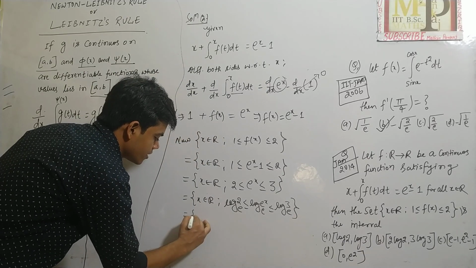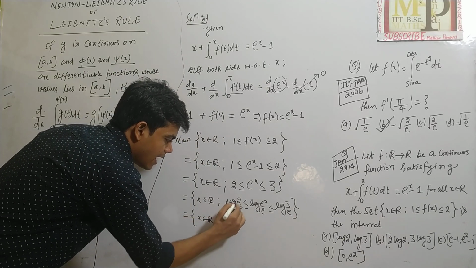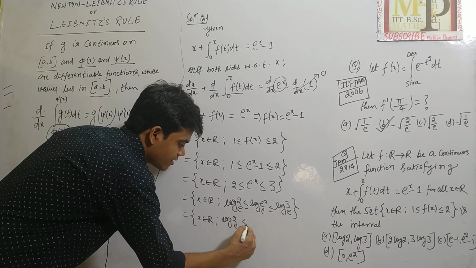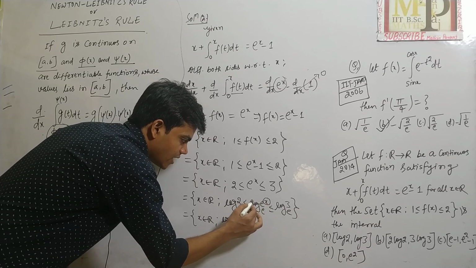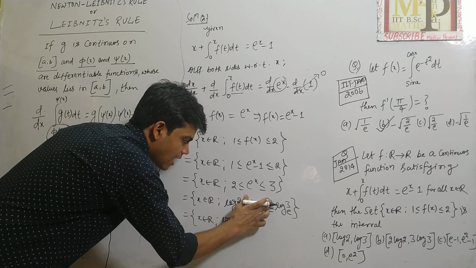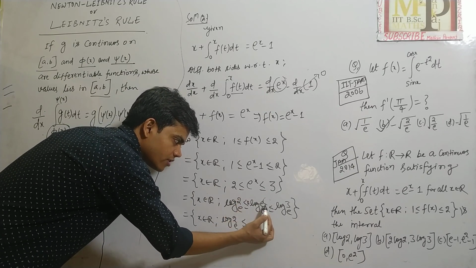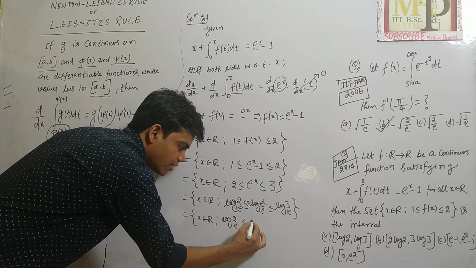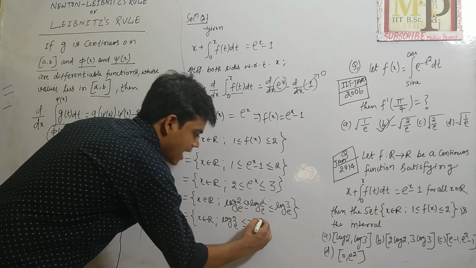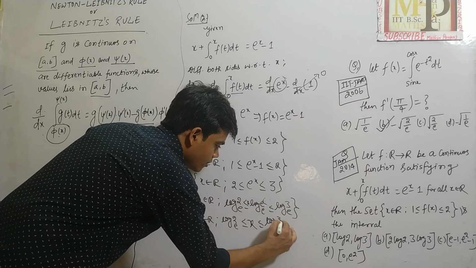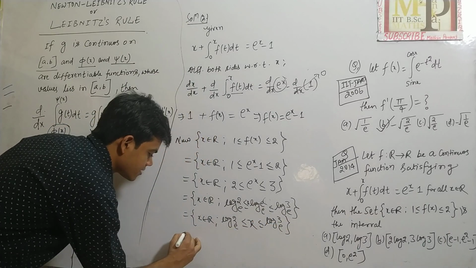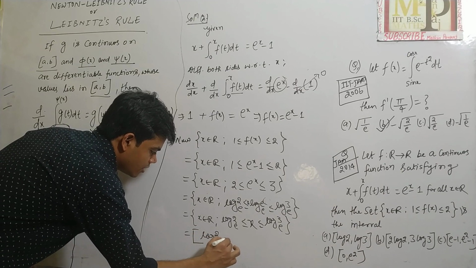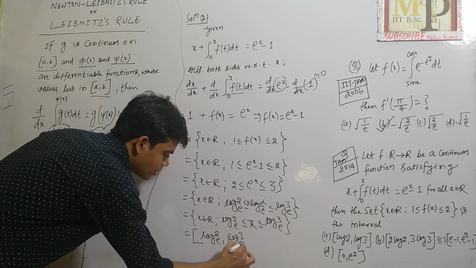All right, so this is x belongs to R, and this is your log 2 base e less than or equal to, this x will come in the coefficient, by the properties of logarithm this x will come in the coefficient, and log e base e is 1, therefore it becomes x only, and less than or equal to log 3 base e. So this set represents what, which interval, log 2 base e to log 3 base e.